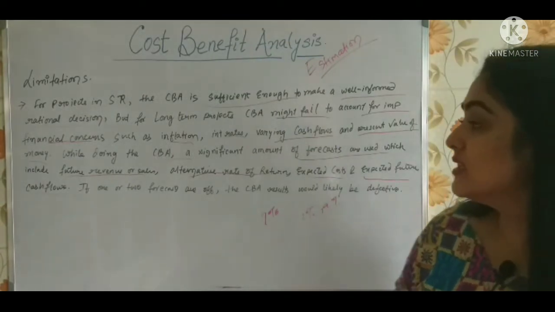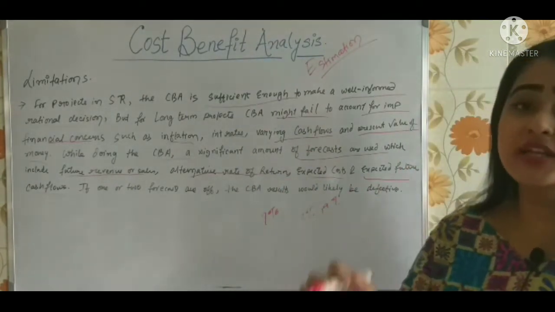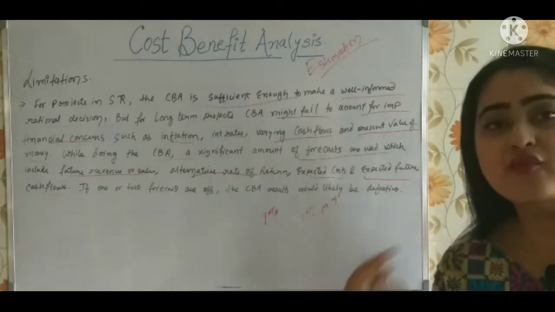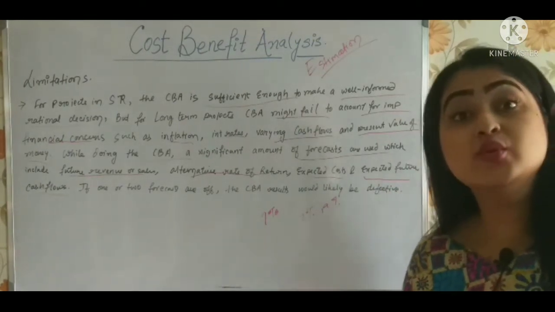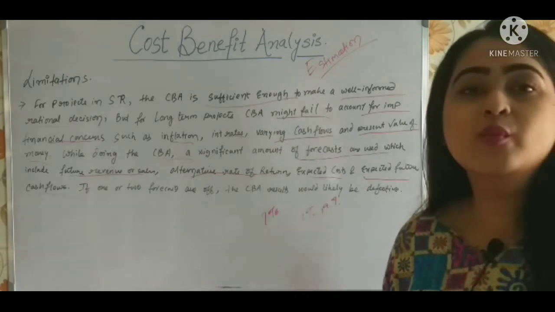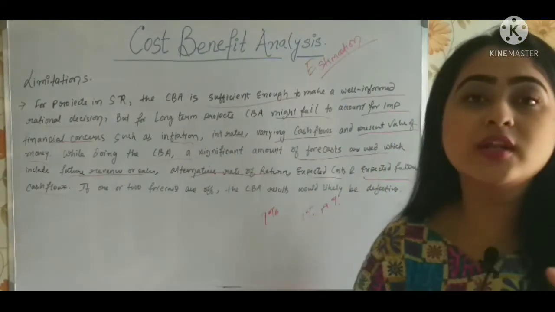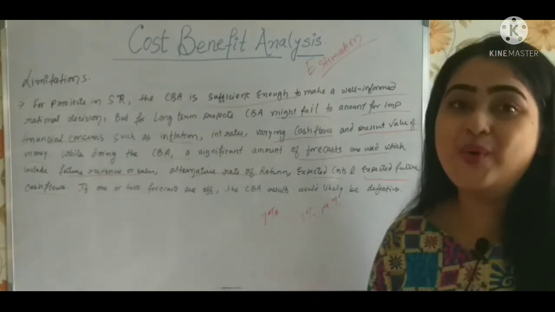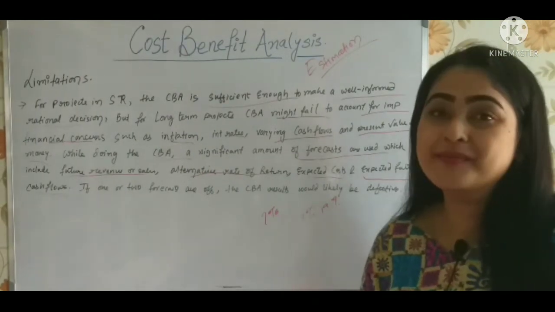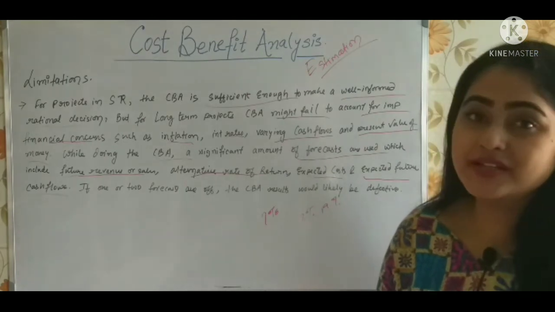And it's also said that if any of the forecasts, even one or two forecasts, turn out wrong, then what will happen? The whole estimation process is wrong. That means overestimating the benefit or underestimating the cost.